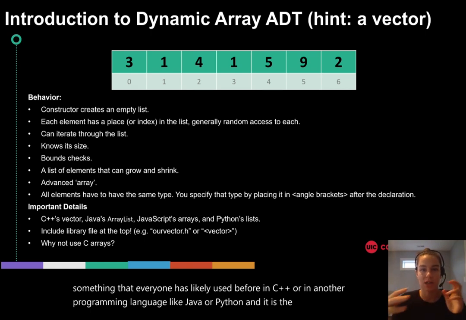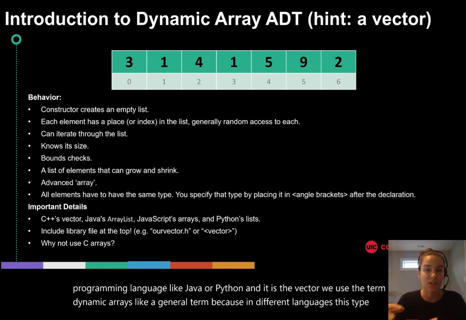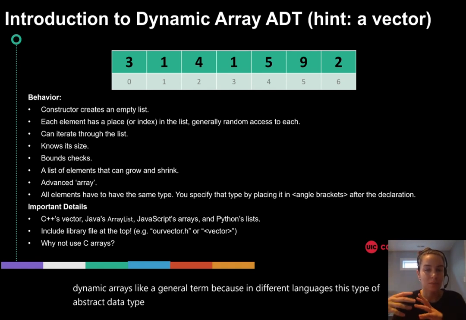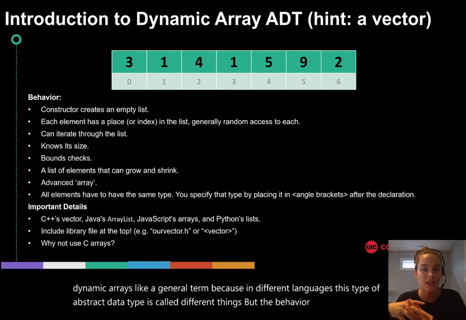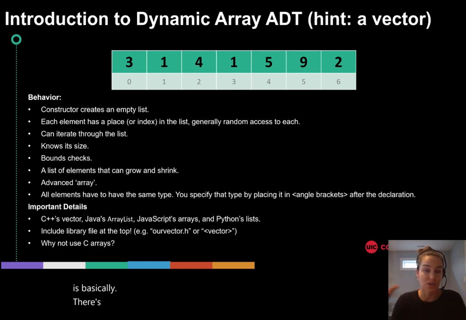We use the term dynamic array as a general term because in different languages this type of abstract data type is called different things. But the behavior of a dynamic array is basically, there are various constructors that allow you to create the dynamic array from the beginning.